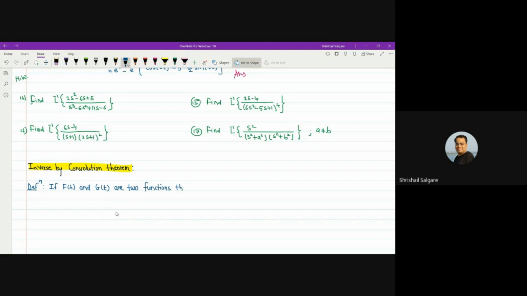See the combination how it is given, following integral. So that integral is given with limits from 0 to t.